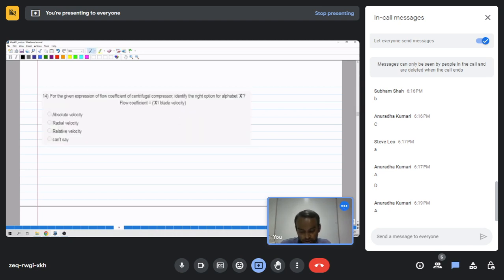For the given expression of flow coefficient of a centrifugal compressor, identify the right option for alphabet X. Flow coefficient is absolute velocity by blade velocity, or radial velocity, relative velocity, constant.